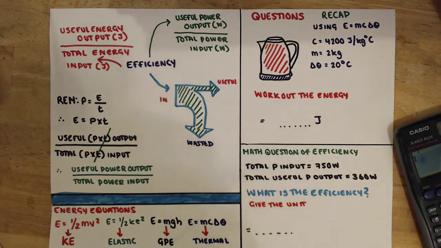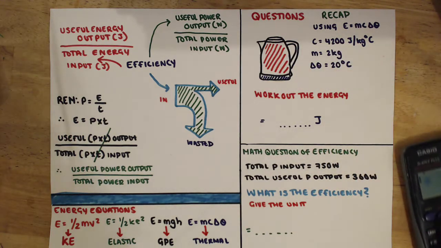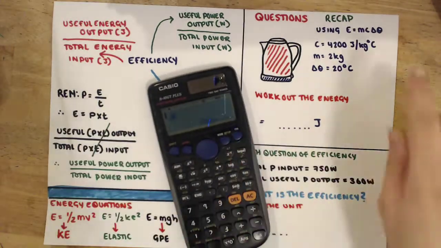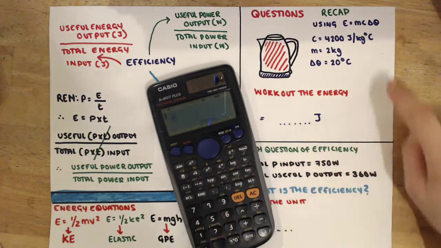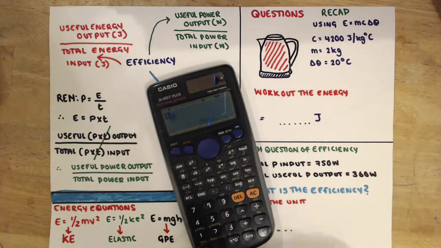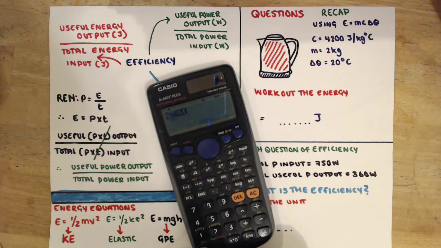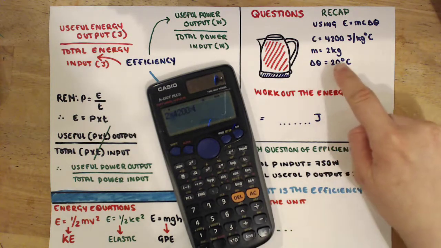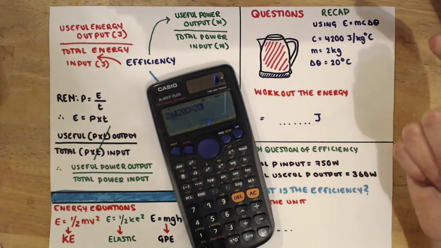Okay, cool. Hopefully now you guys have managed to do this. My first move would be to just sub these things in. I have my mass, which is 2 kilograms, my specific heat, which is 4,200, and my change in temperature, which is 20 degrees Celsius. Remember, it's the change in temperature.